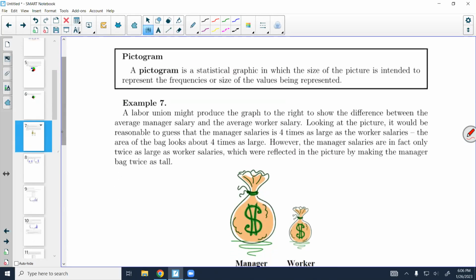Another method we use to show data is called a pictogram. Pictogram is a statistical graphic in which the size of the picture is intended to represent the frequencies or size of the values being represented.